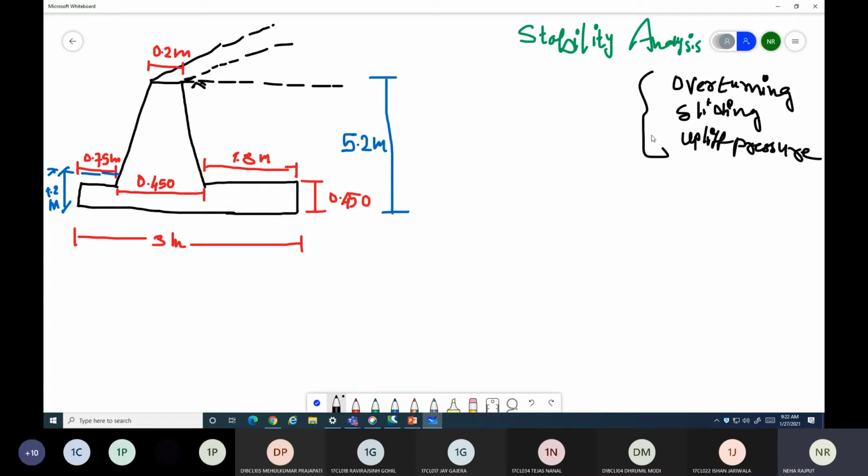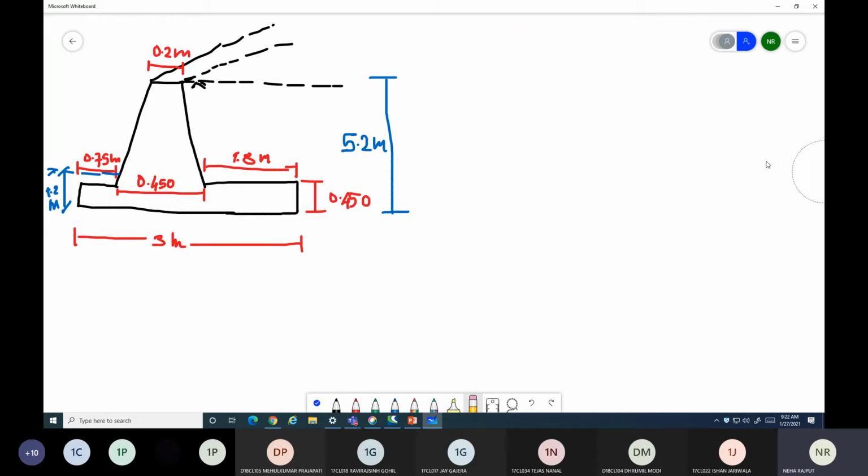Right. Before doing this stability analysis, the very first thing that you need to do after getting the proportioning of dam is to draw the pressure diagram. Right. So now you are going to check the stability of full retaining wall. So for that condition, you need to draw pressure diagram. So I am extending this level.